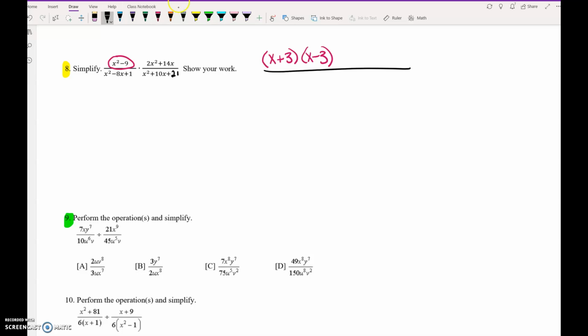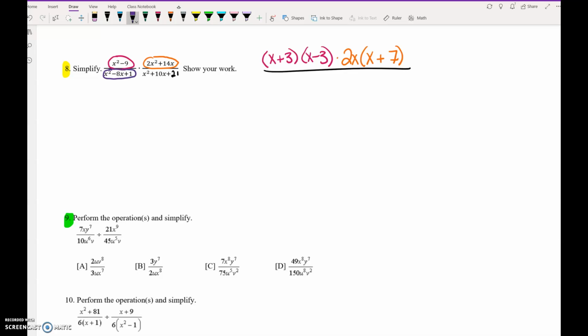If we factor 2x squared plus 14x, that's only 2 terms, so you're looking for what do they have in common. They have 2x in common. 2x squared divided by 2x is x, and 14x divided by 2x is 7.